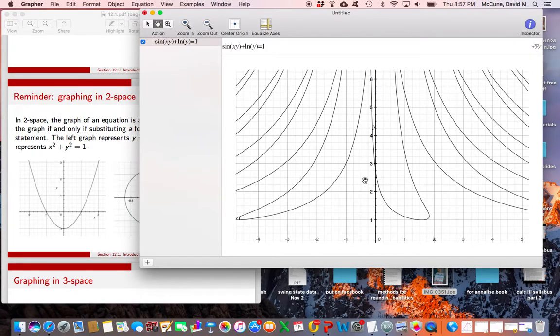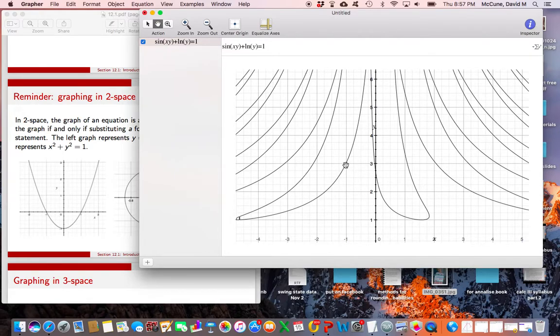So that's a curve, or I guess a series of curves, right? Every single point on these curves satisfies the property that sine of the x value times the y value plus log of the y value is 1. That's how a point gets to be drawn here. So this point right here, (-1, 1), must not have that property.